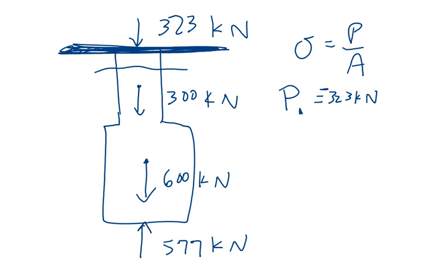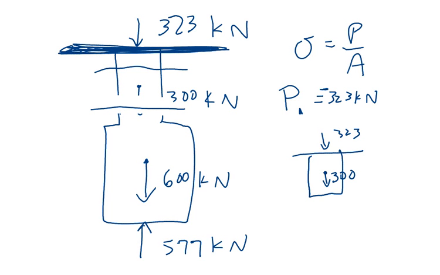I make a cut here, right, in the second segment. Make a cut there. So there's the base. That's 323. I now must account for that 300, right? So the internal force here must be 623. So P2 is negative 623 kilonewtons.